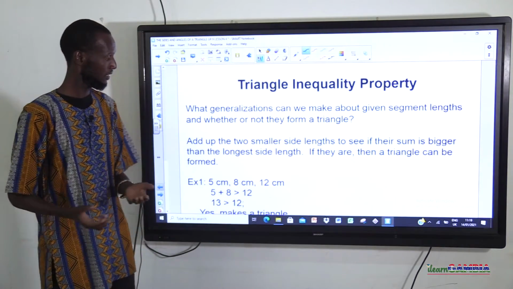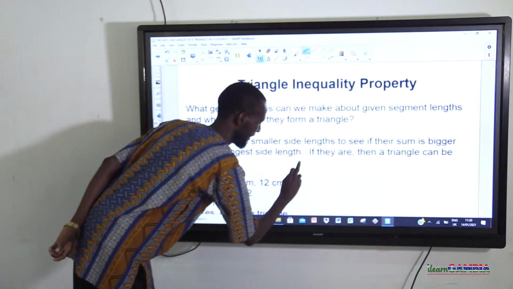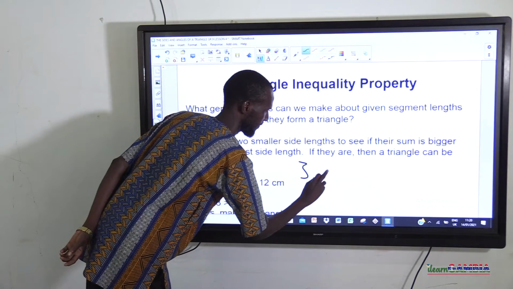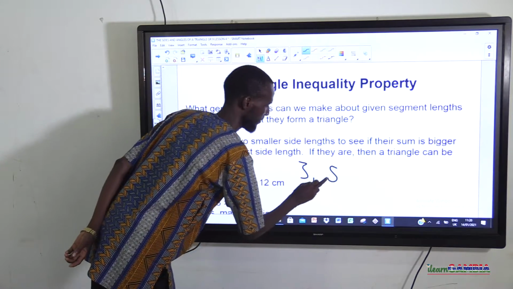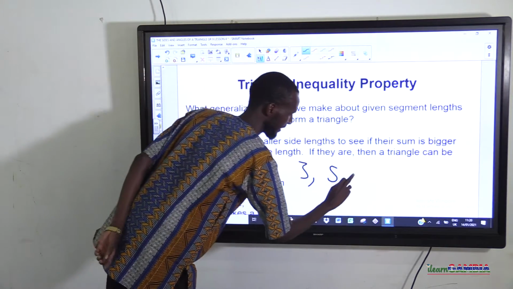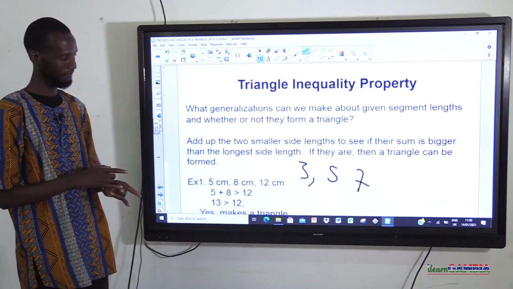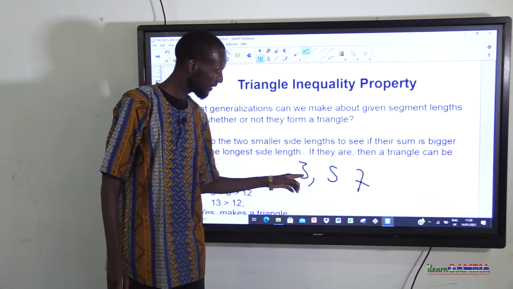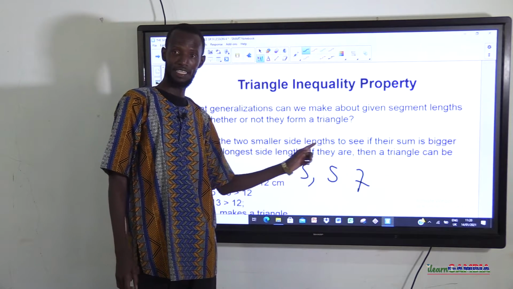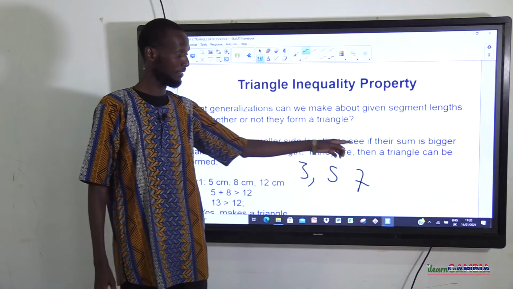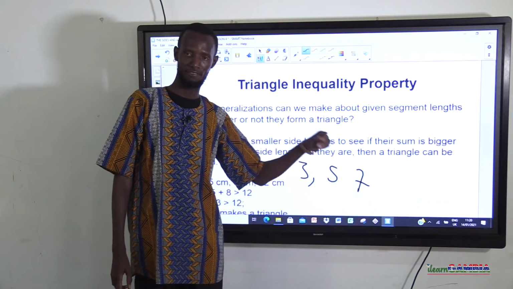That's too many words. Let's say I take 3, I take, let's say, 5, okay? And I take 7. If you take this as your test case, if you add 3 and 5, you get 8. All right? And 8 is definitely greater than 7, and 7 here is the longest side.